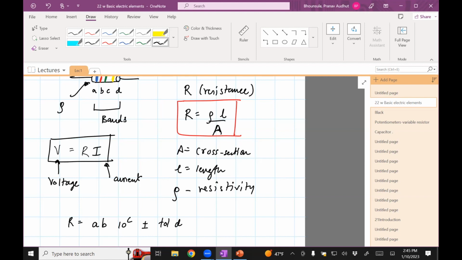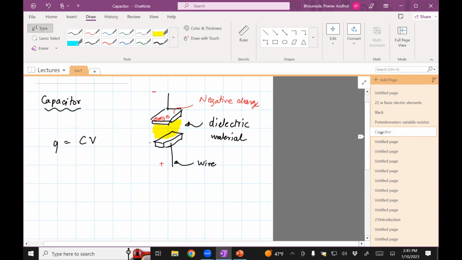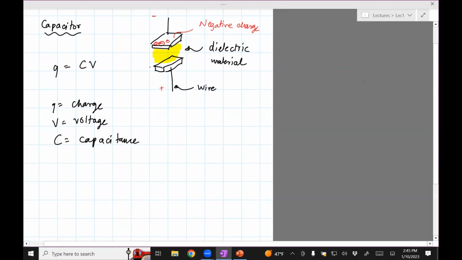Okay. For the capacitor, the relation is Q equals CV, where Q is the charge, V is the voltage, and C is the capacitance. Okay. The units for capacitance, I'll come to that, it's farad.